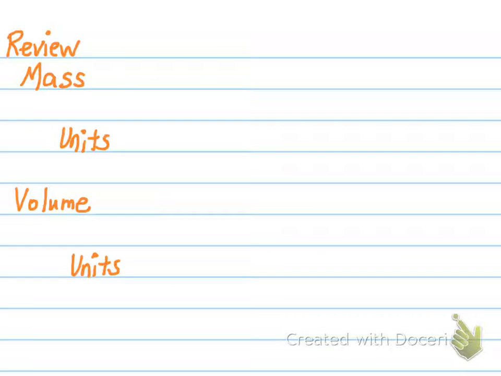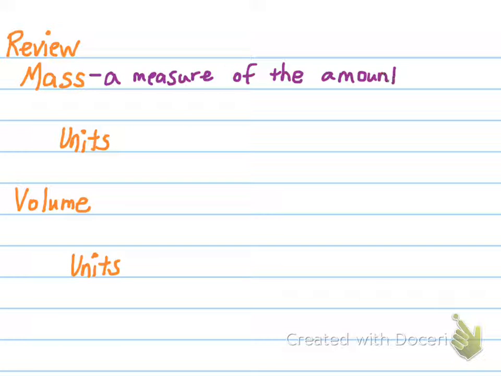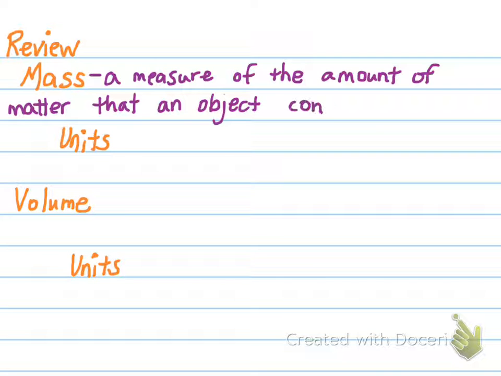So hopefully you have a pretty good idea of what mass is. Really, the scientific definition of mass is that mass is a measure of the amount of matter that an object contains.